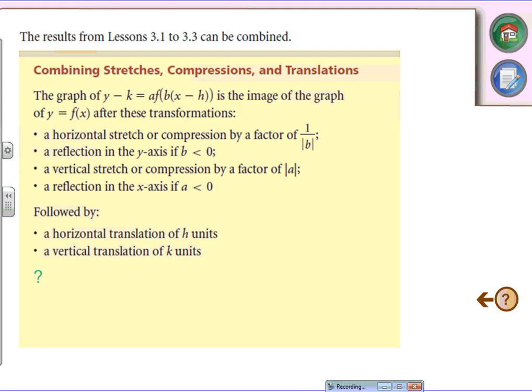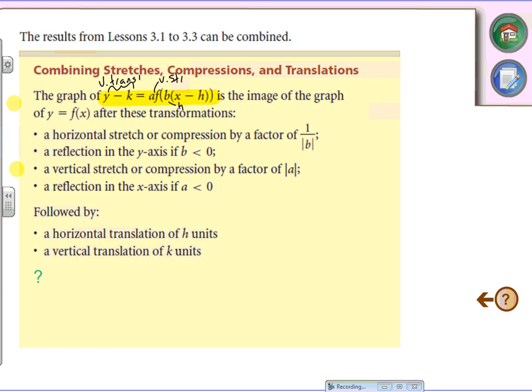All right, bringing it all together from 3.1 to 3.3. Here's your form. We've got the vertical translation. We've got the vertical stretch.